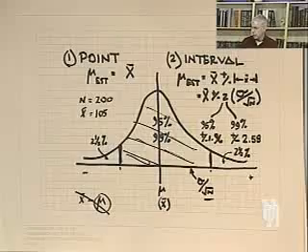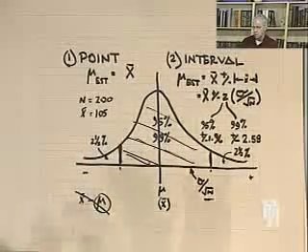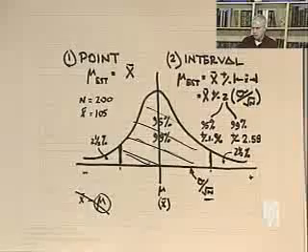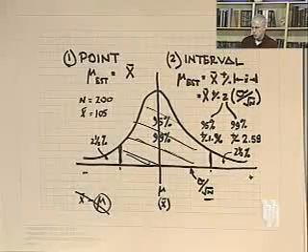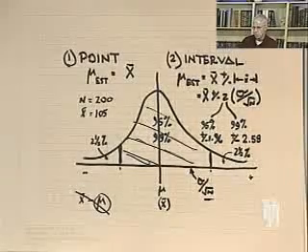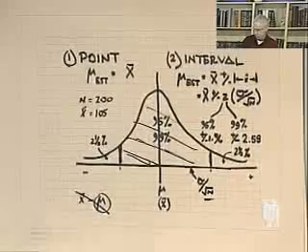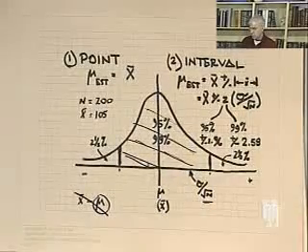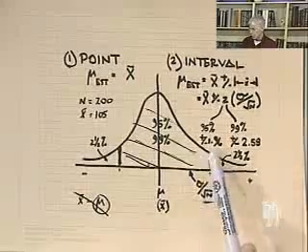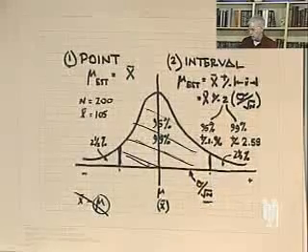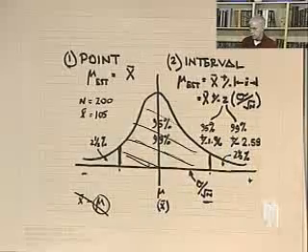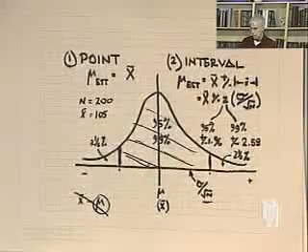And on an exam, you would be instructed to use either a 95% confidence level or a 99% confidence level. And if it was 95%, you would then know that this value of z is plus and minus 1.96. And if it was a 99% confidence level, then you would know that that z value is plus and minus 2.58.